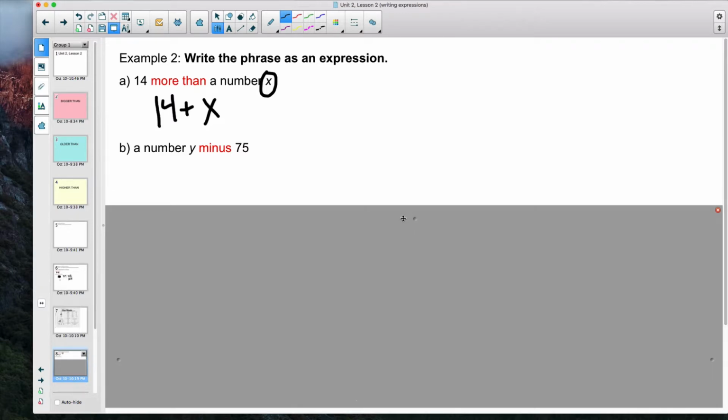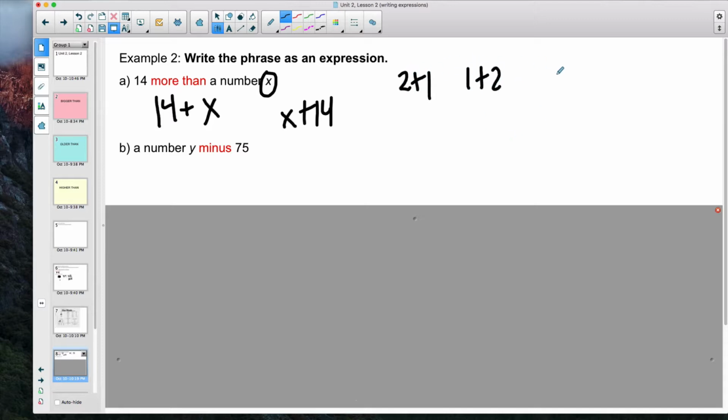The subtraction ones will be the most challenging for everyone, just because the order will get messed up. For example, what I mean is, in this example A here, I could have written x plus 14 or 14 plus x. They'll mean the same thing. 2 plus 1 is 3, 1 plus 2 is 3.